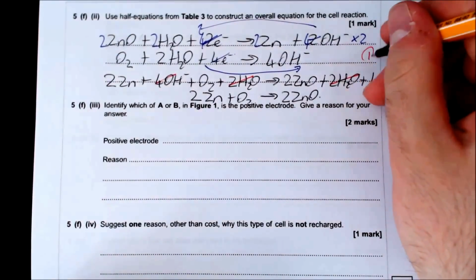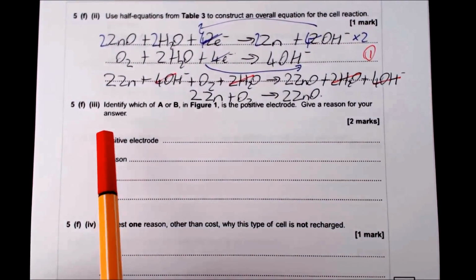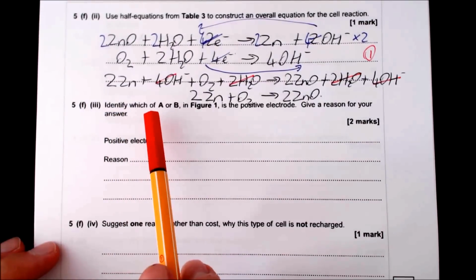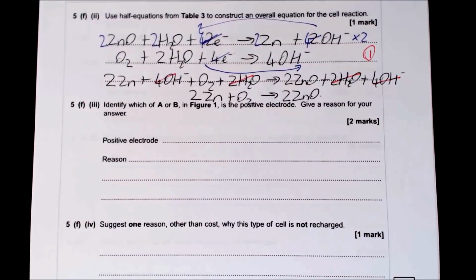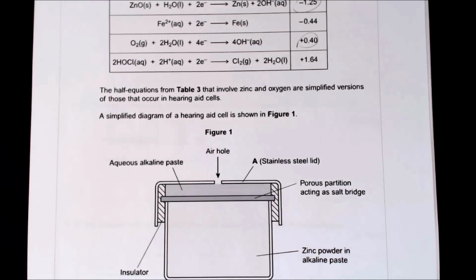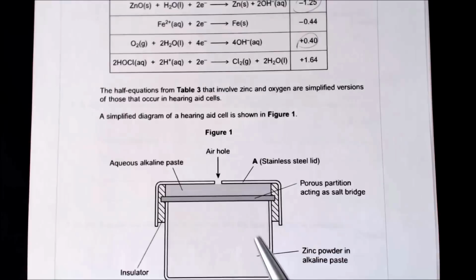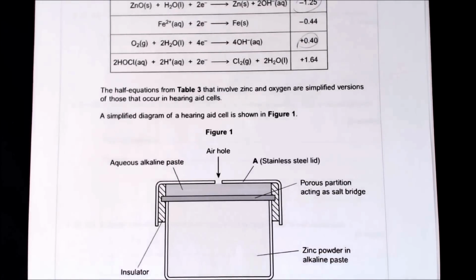Right, and then we're on to F part 3. It says identify which of A or B in figure 1 is the positive electrode and give a reason for your answer. So we're just going to bring that cell back in. We need to look at A, which is the stainless steel lid, and B, which is the stainless steel can.